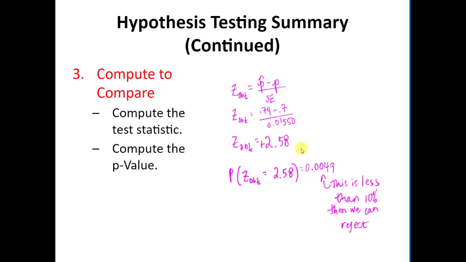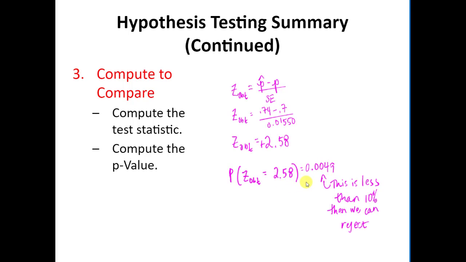The other way that we checked it is that we wanted to make sure that the probability of getting that z obtained is less than we were willing to risk, and what we are willing to risk is the percentage that we've set as the alpha. The alpha was 10%, so 0.1.